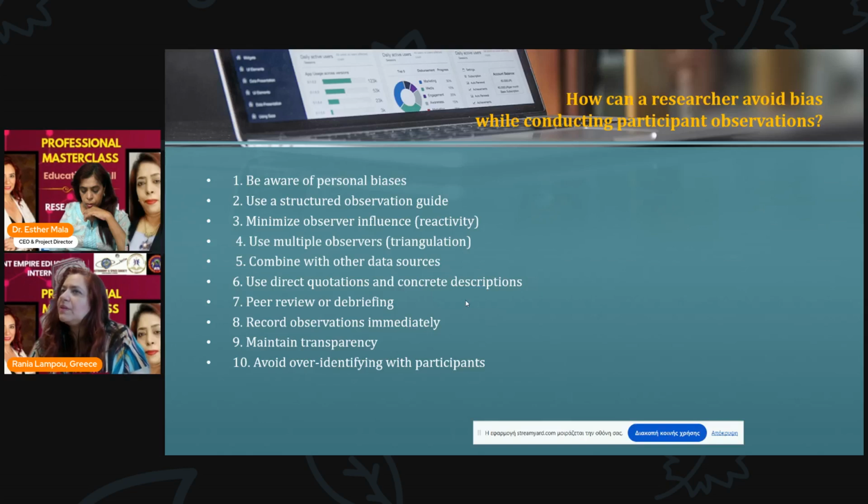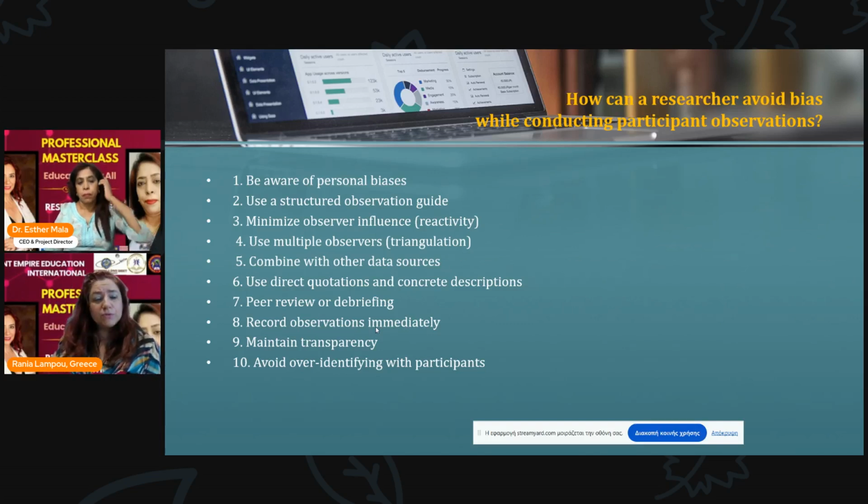We can record field notes for later review and validation, combining with other data sources. Use triangulation by combining observation data with interviews, documents, or surveys to confirm findings and reduce reliance on a single biased view. And use direct quotations and concrete descriptions, record actual behaviors in direct speech rather than interpreting or labeling actions.